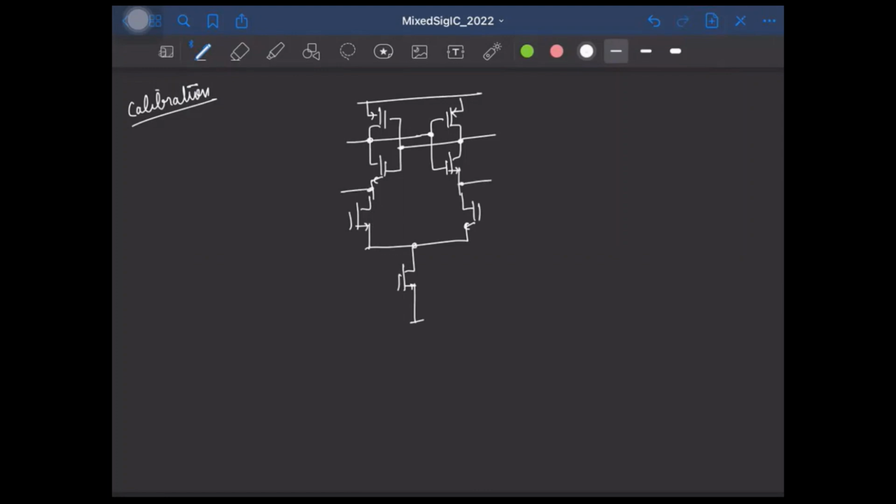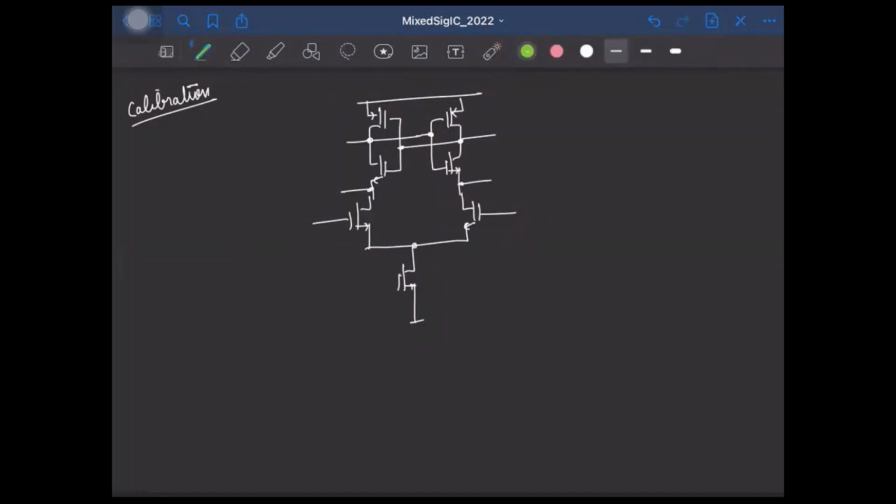Now in this strong arm latch, or in any latch, we have offset due to the mismatch between these two halves, right? The idea in calibration is to add some additional currents to each of these branches, so that we counter this imbalance or mismatch.